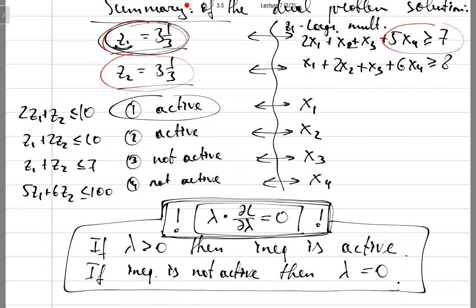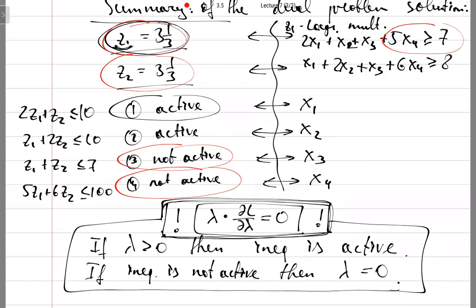The second Lagrange multiplier is positive, so the corresponding inequality should be active. This one is not active, so x3, the Lagrange multiplier, should be 0. The fourth inequality is not active. The corresponding Lagrange multiplier should be 0.